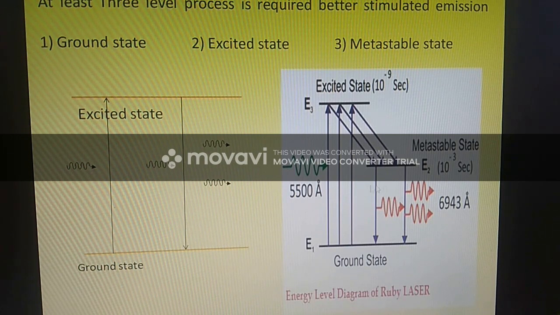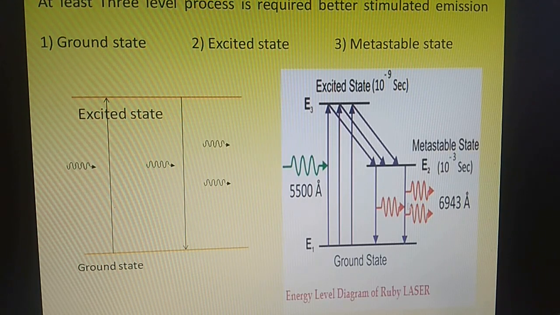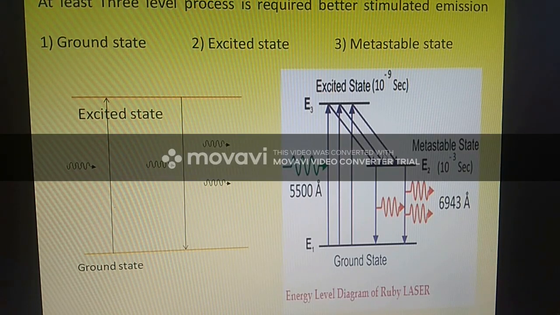Tremendous amplification takes place, in the form of a pulse. So the highly amplified photons are emitted. This is how the laser emits. There are 4-level and 5-level lasers also, to get better stimulated emission and a better laser.